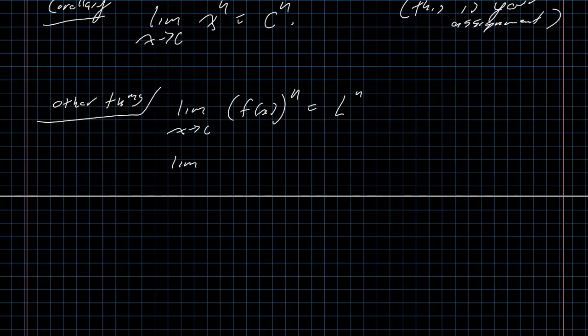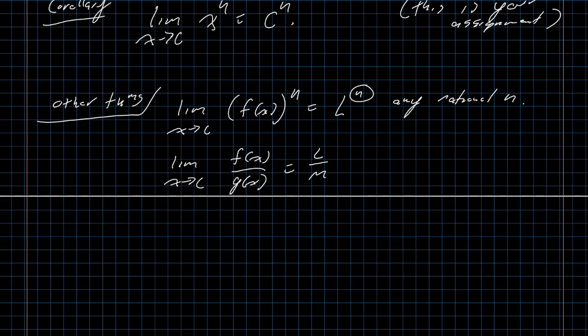The limit as x approaches c of f(x) over g(x) is equal to L over M. Surprisingly, that first theorem holds for any rational value of n, assuming that these things are all defined. Specifically on the second one, we need to make sure that M is not 0. If M was 0, then we'd have some trouble.